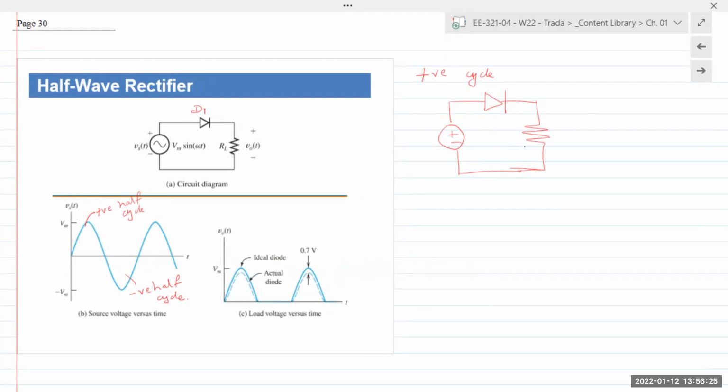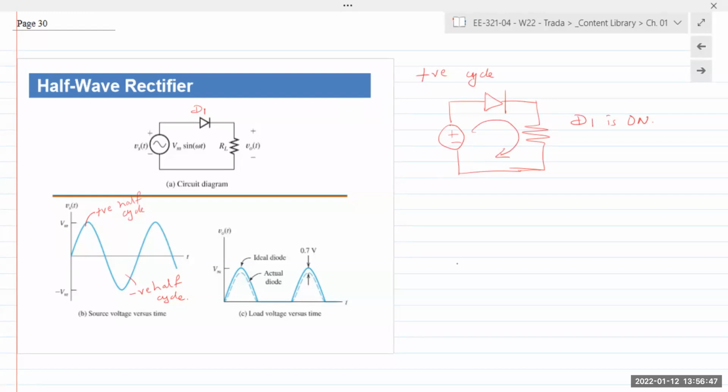What happens to the diode? On or off? Diode is on. D1 is on. If D1 is on, it conducts the electricity, it allows current to flow through.